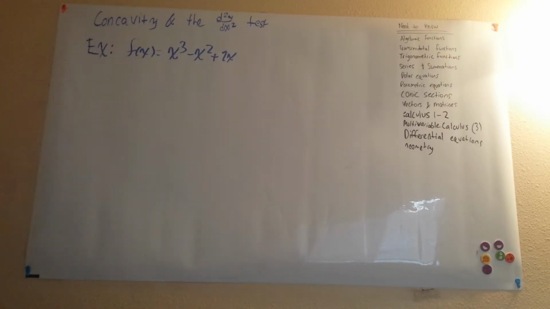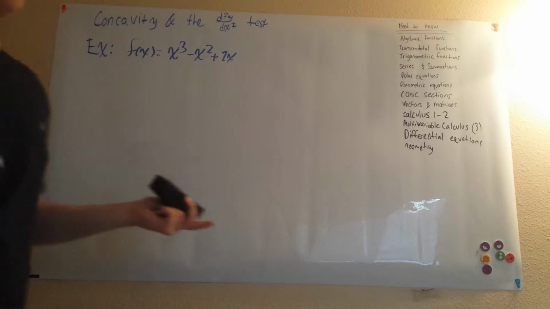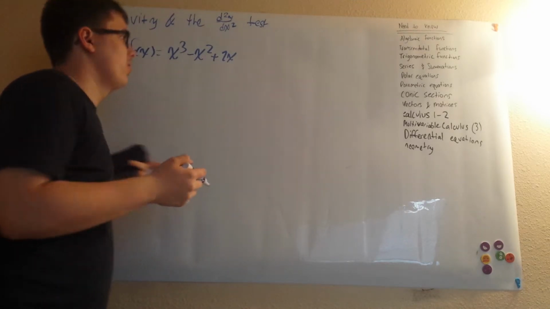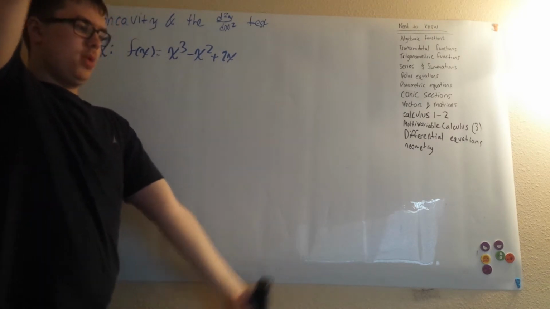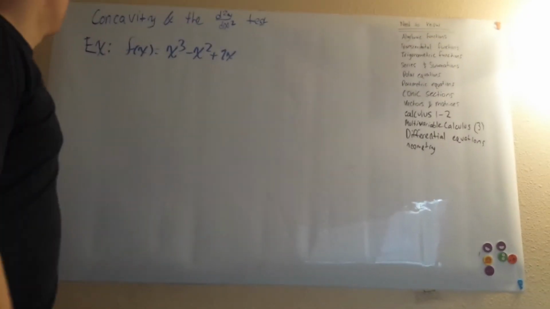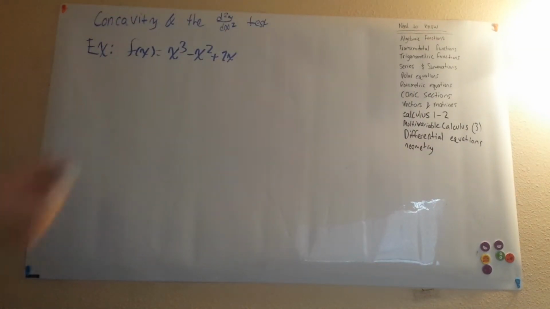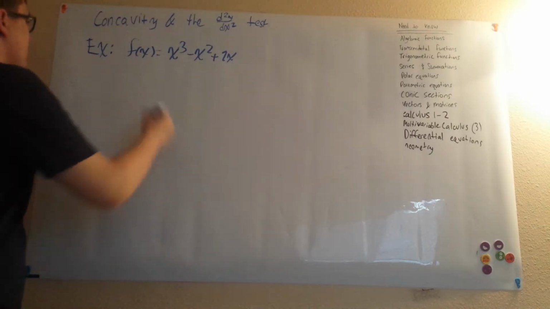What do we have to do? I want to find all possible places where it's concave up and concave down, and where there are points of inflection. We need the second derivative to tell us that.